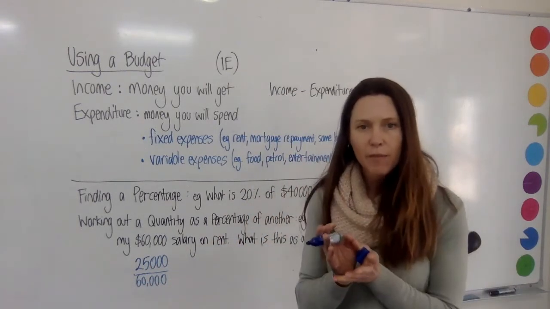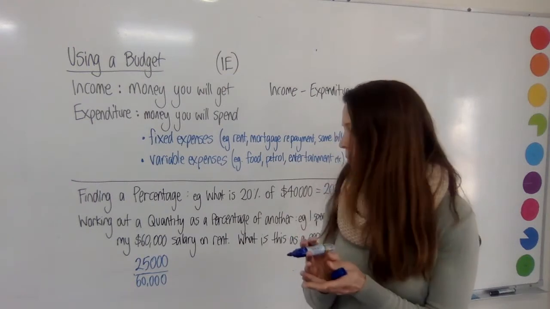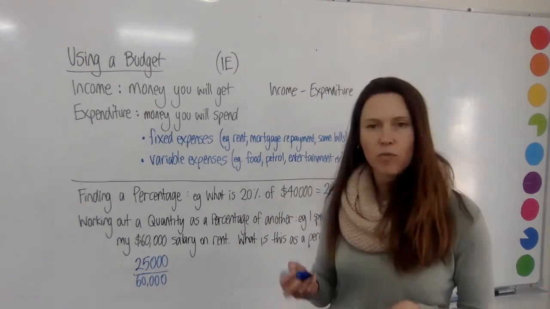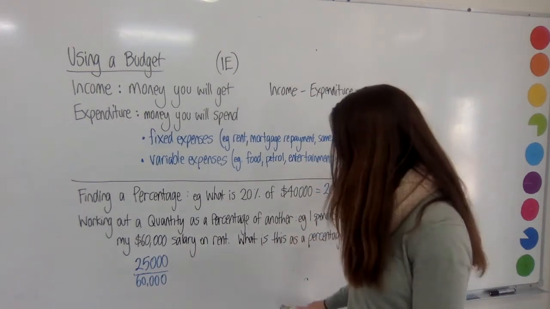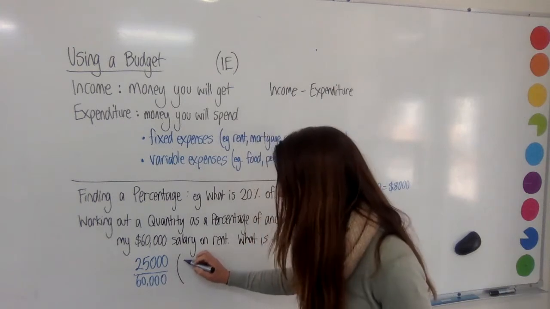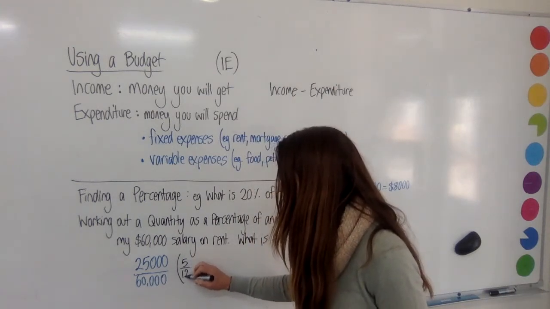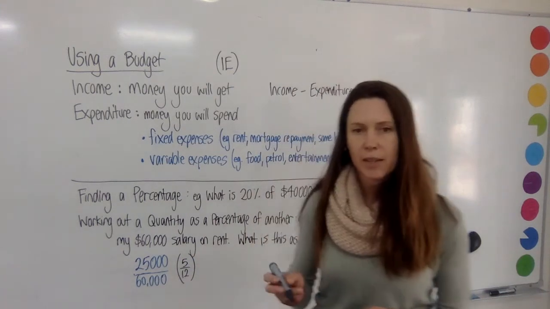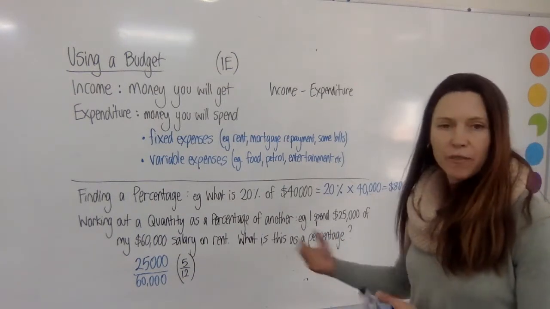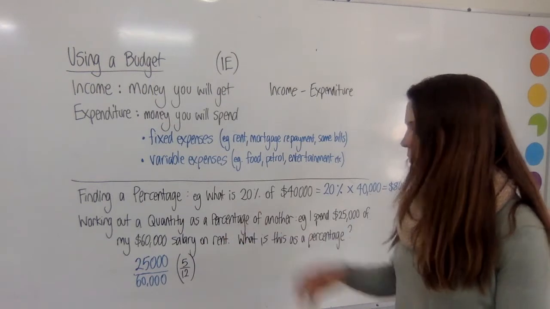Now, if you type that fraction directly into your calculator and then hit equals, it will basically just reduce it down for you. It will simplify it into a simpler fraction. So it should give you 5/12. So just check now and see that it does. So effectively, we're spending 5/12 of our salary on rent.